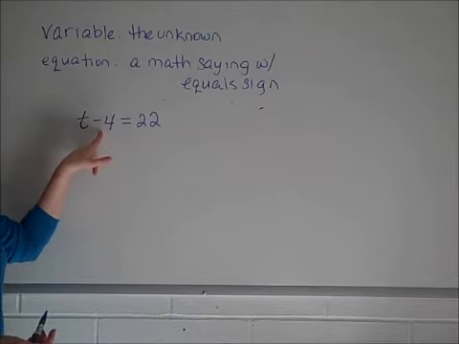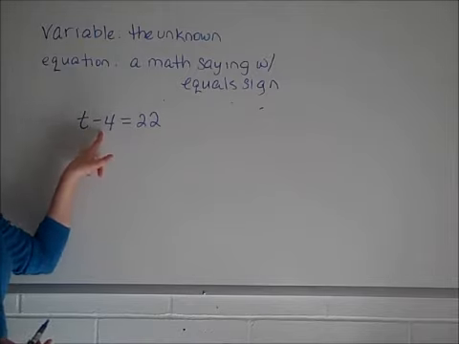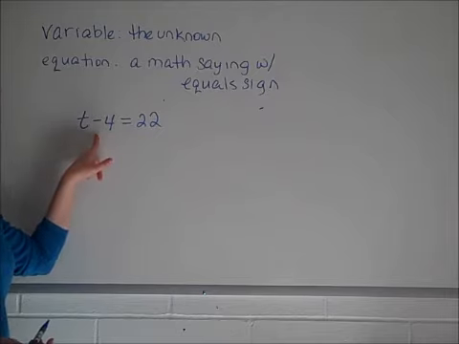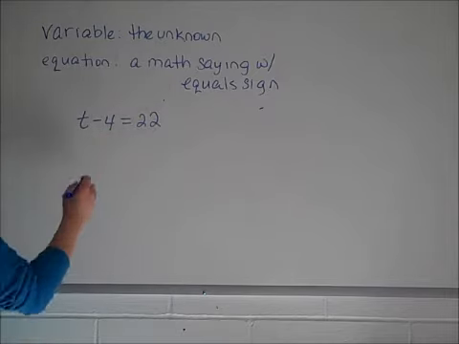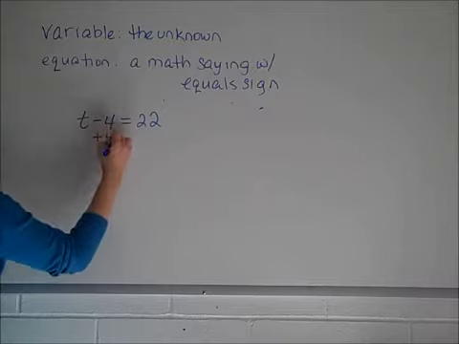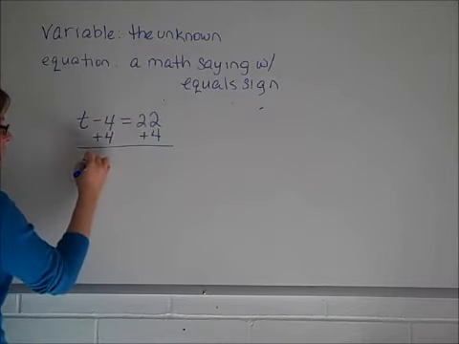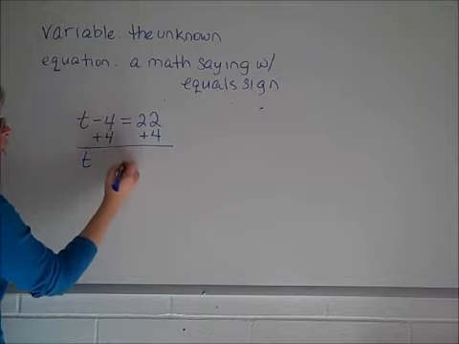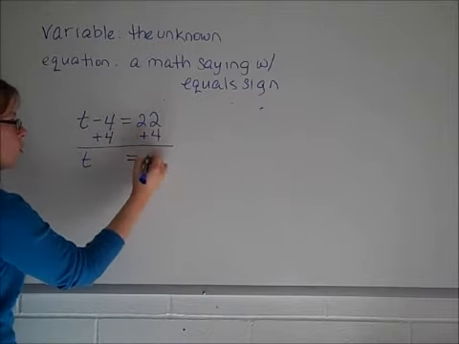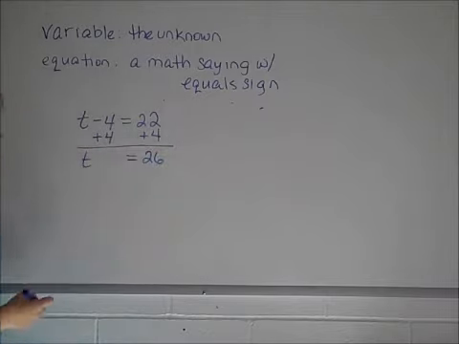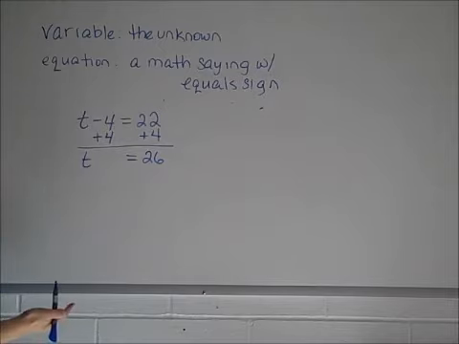So, in order to make that negative 4 become a 0, we can add 4 on this side as long as we add 4 to that side. The T drops down, the minus 4 and the plus 4 cancel out. 22 plus 4 is 26. So, in this equation, our variable equals 26.